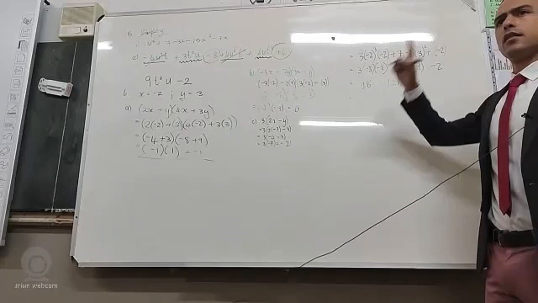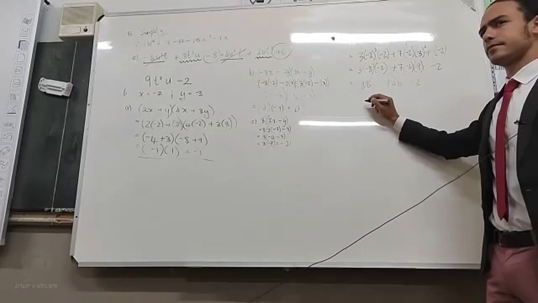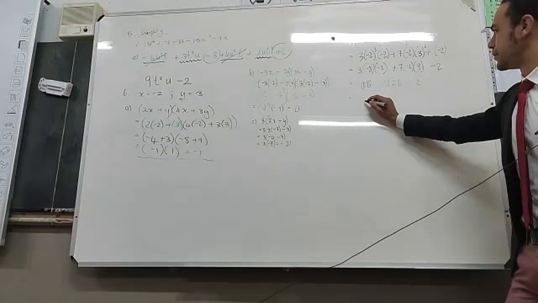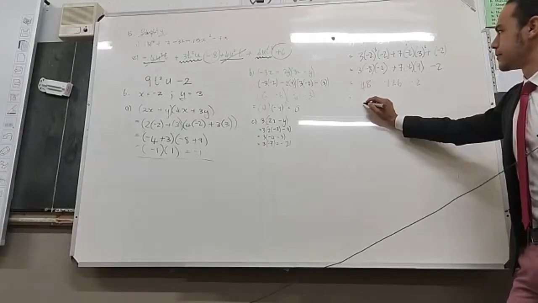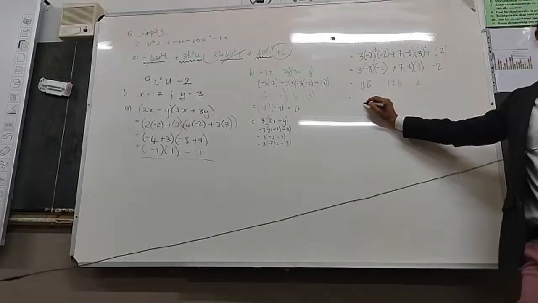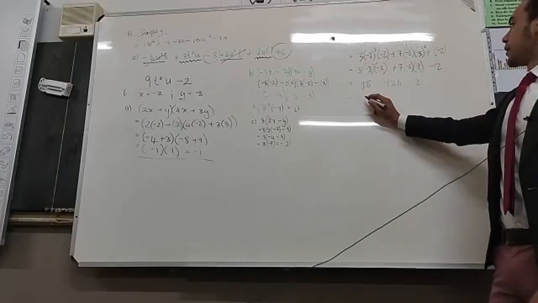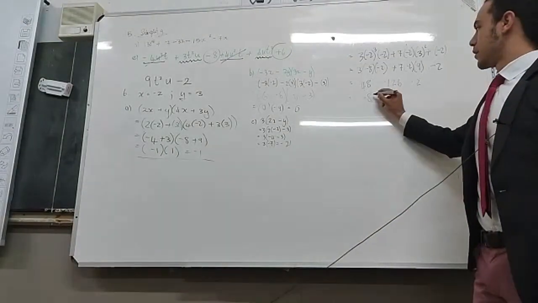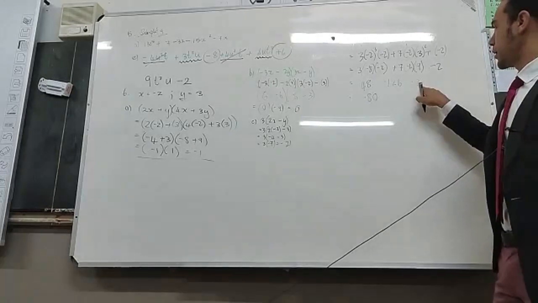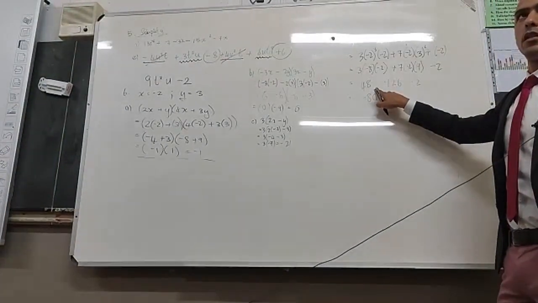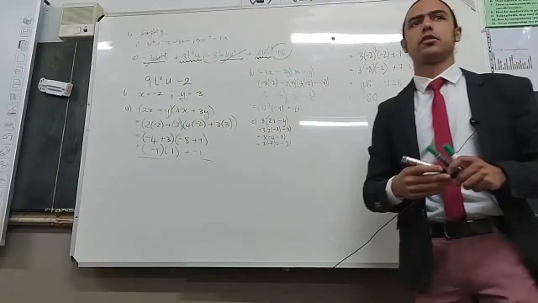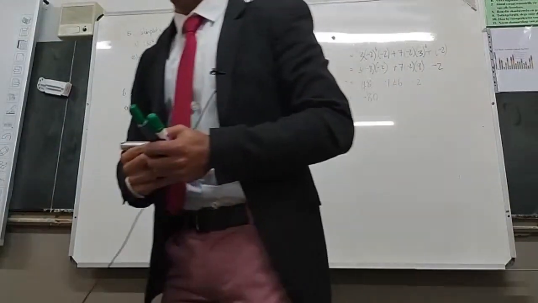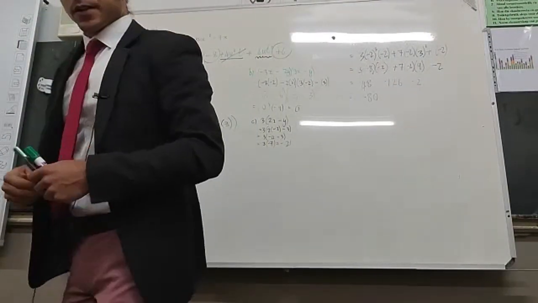Your answer? Negative 82. Yeah, it's negative 80, sorry. Because that becomes negative 46, and then minus 126 is equal to negative 80. Okay. Good.